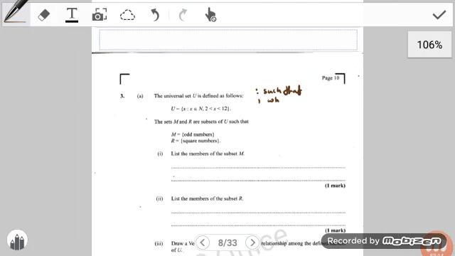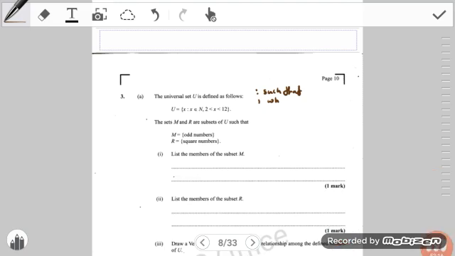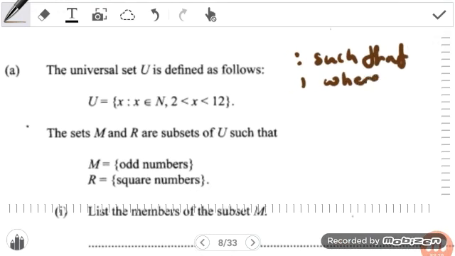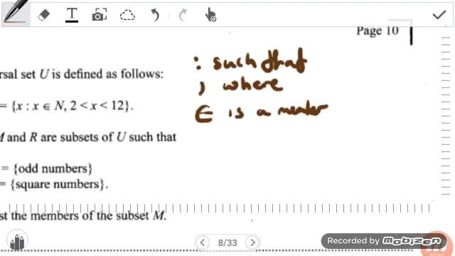This symbol here means is a member of. Then there are the greater than and the less than signs, and pretty much that's it. So those are the mathematical symbols and what they mean.